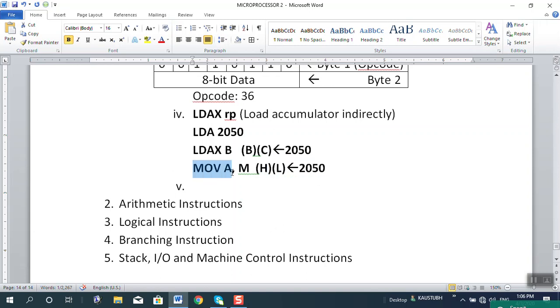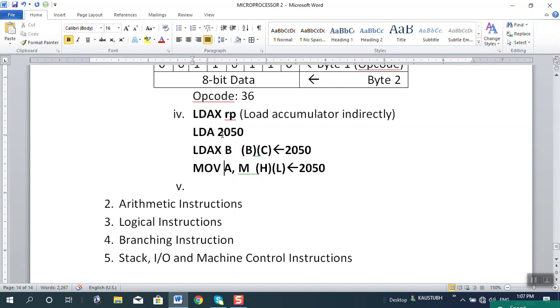Then you are doing MOV A, M. That means the content of the memory location 2050, whose address is in the HL register pair, is copied to the accumulator. Similarly for DE also, LDAX D, if the same address is in the DE register pair, then all these three instructions will have the same meaning.